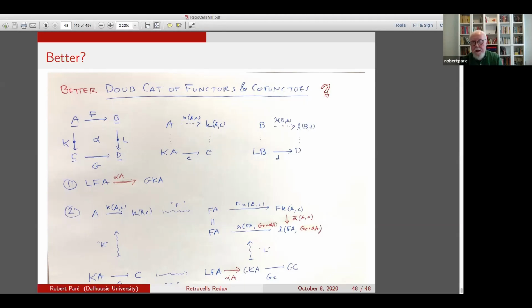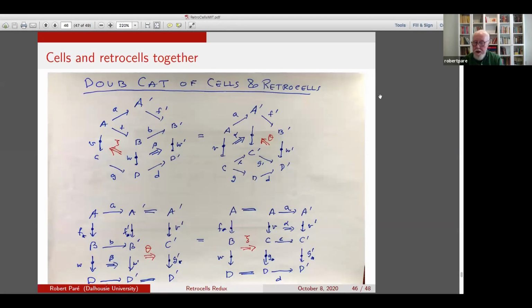I think that lenses in this setting correspond to conjoints.